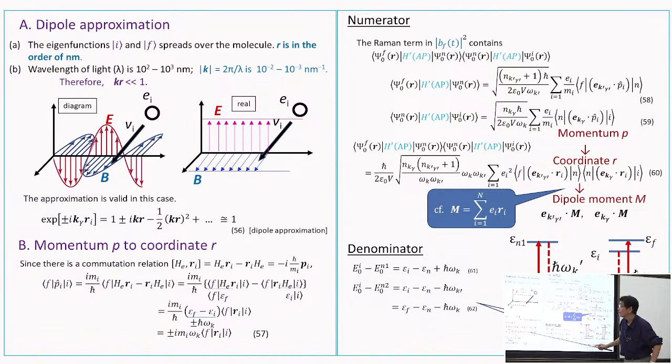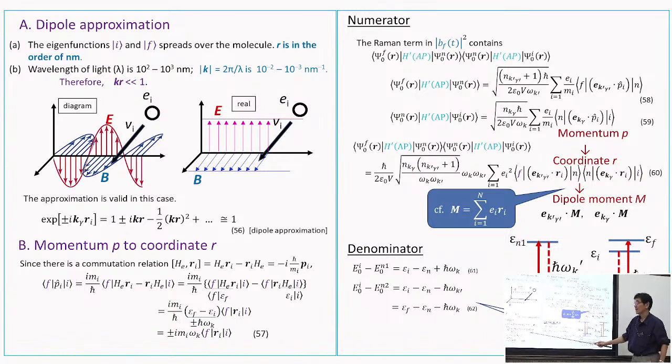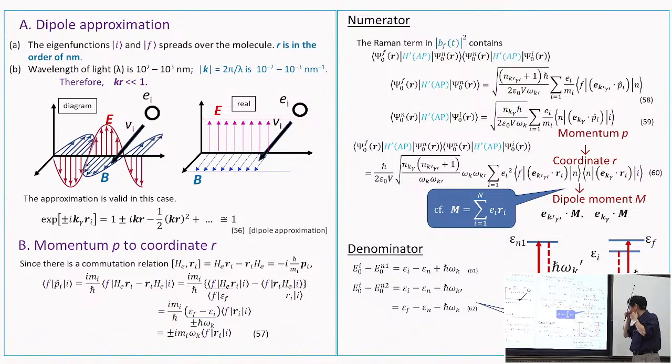And we know H_e f and H_e i are the eigenfunctions of the Hamiltonian of the molecule H_e. So H_e f is substituted with energy E_f, wave function f. H_e i is replaced with energy E_i, wave function i.